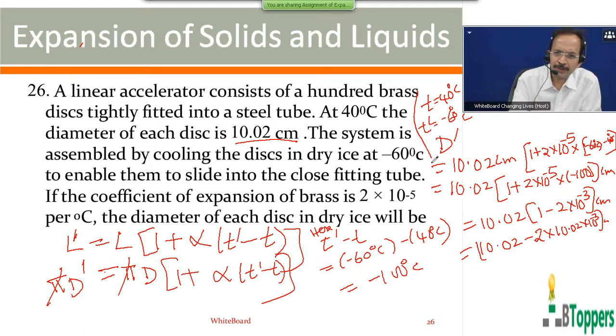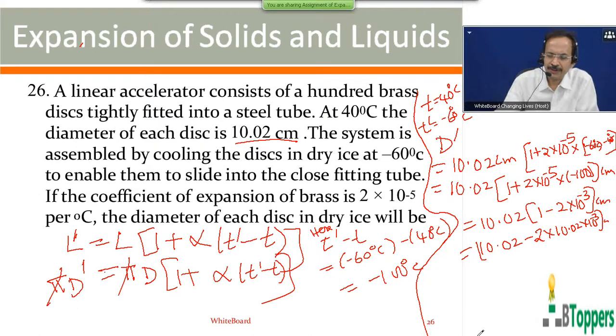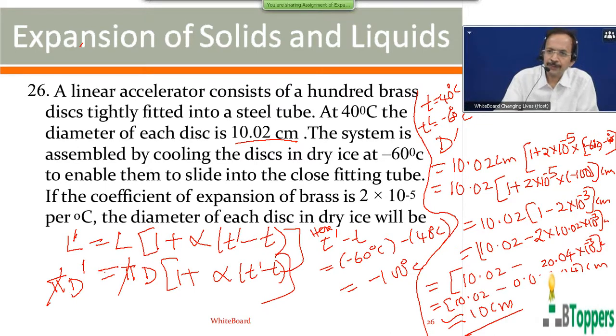Those who want to copy the solution of the problem, please take a pause and complete the solution. You can try to simplify it yourself. If you want to copy the simplification also, you can copy it down. So it is very close to 10 centimeters. Those who want to copy the working can take a pause and copy it.